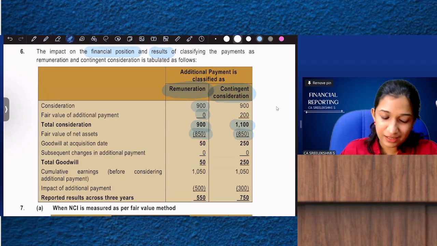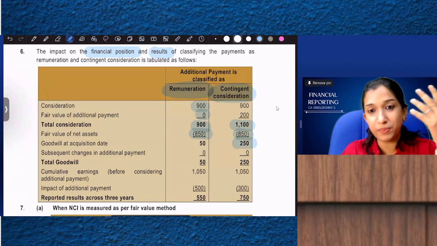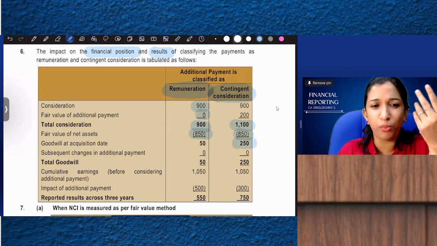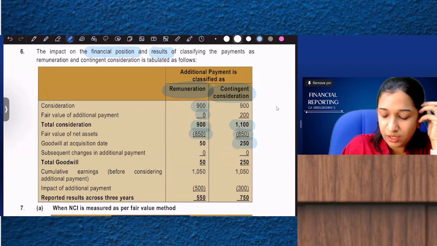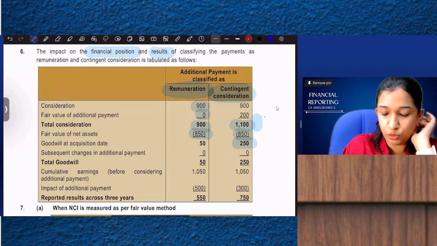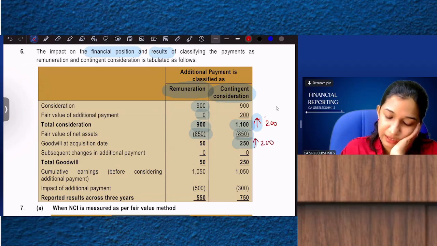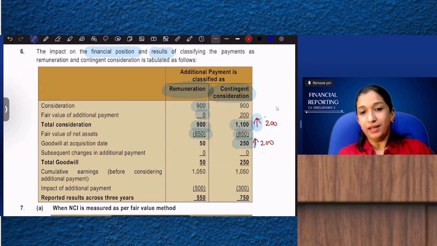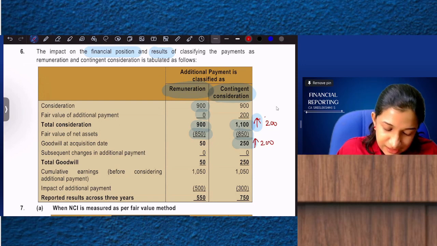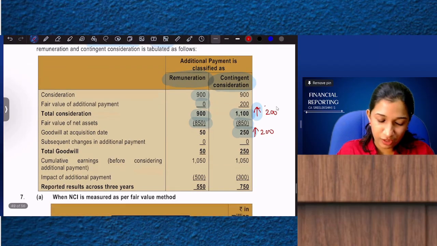As a result, of course, PC is more, which means goodwill will be more by 200. Here PC is more by 200, so goodwill is more by 200. Then cumulative earnings, impact of additional payment. This is the only area I want you to focus on.